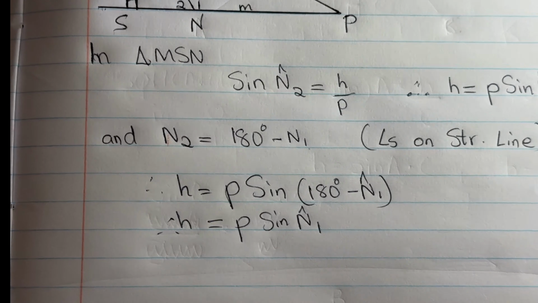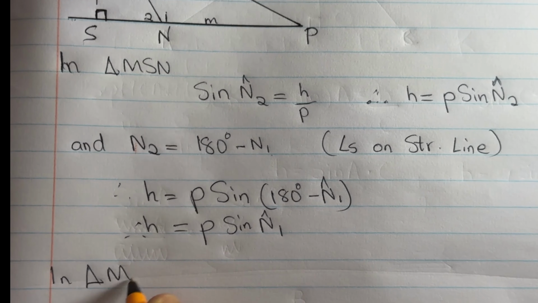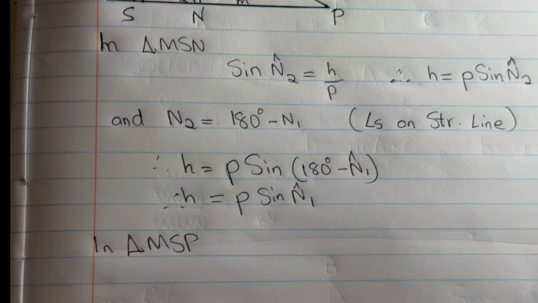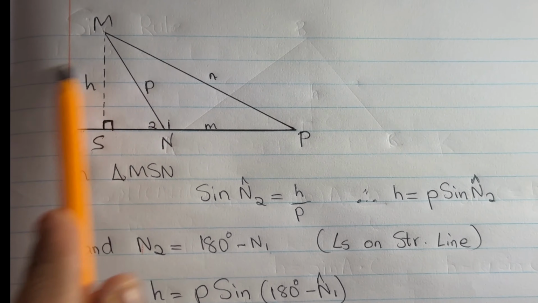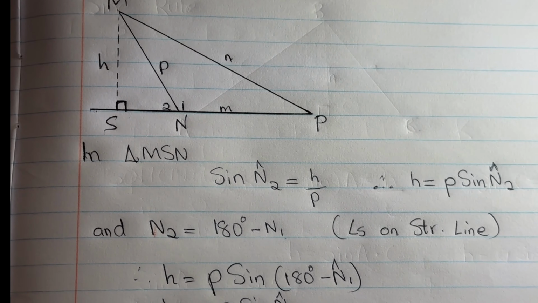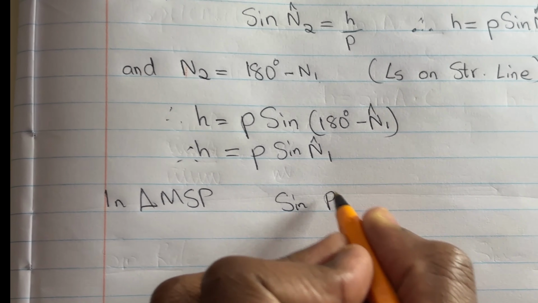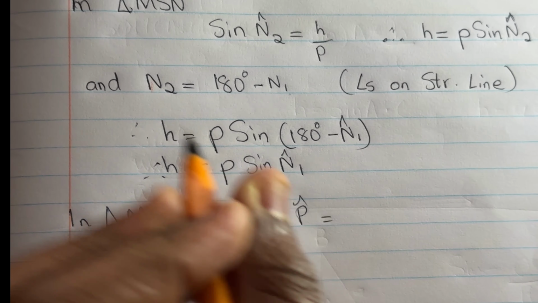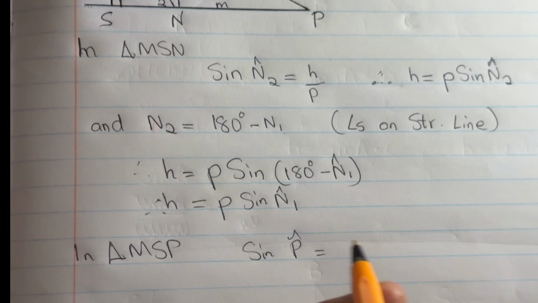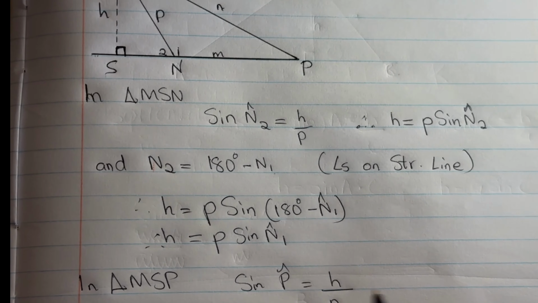So let's go to the other triangle and say in triangle MSP, because we want to use the common length, which is going to be MS. We want to have the common side that we can use. So we notice that sine P is equal to the opposite, which is our H, divided by N, right?